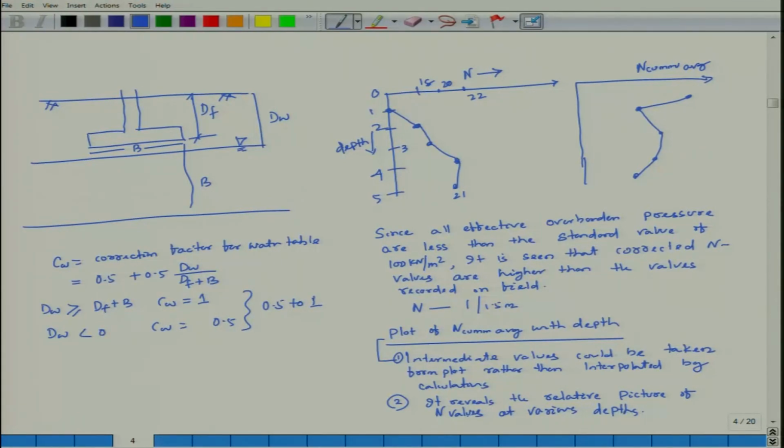So again it reflects the relative picture of N values at various depths. Look at how the N cumulative average is varying. That is why for design purposes, particularly in sand, if N is given, the N cumulative average has to be calculated.